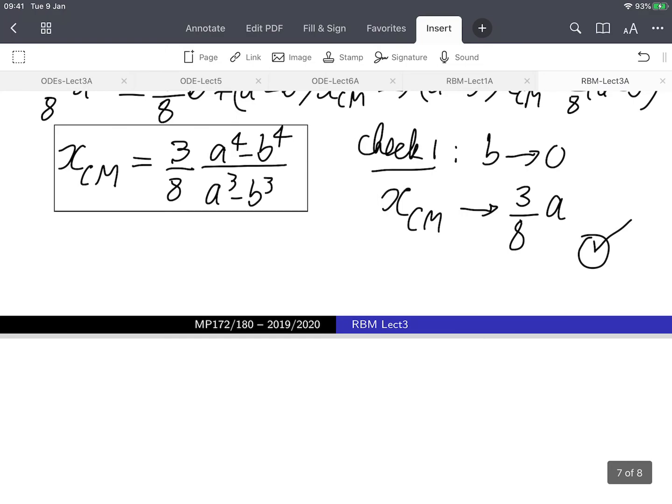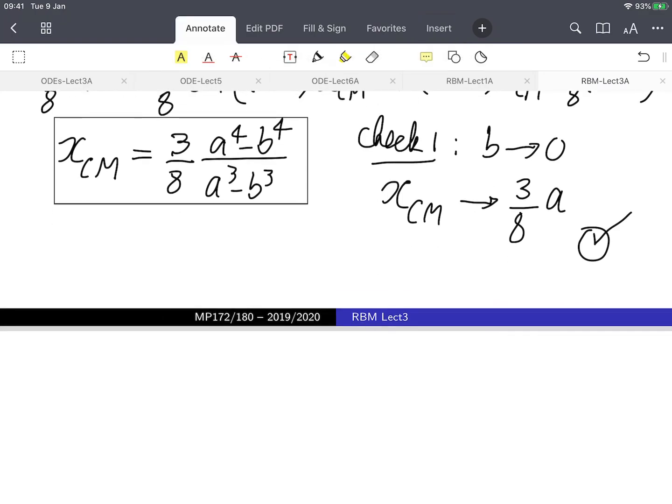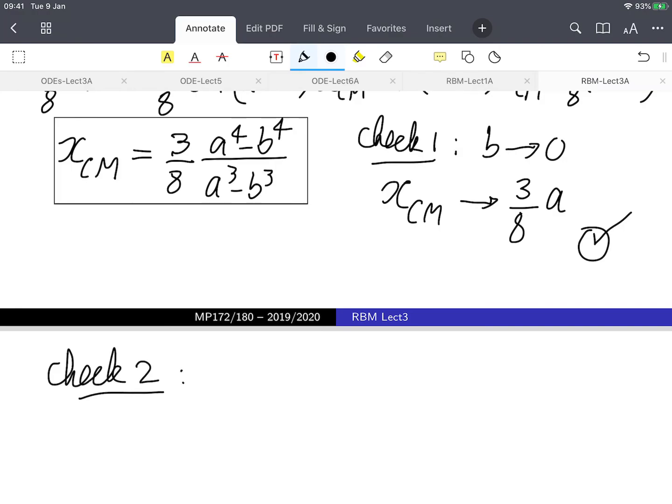What about checking when A goes to 0? No, sorry, when A goes to 0, then there's nothing left. What happens if B goes to A? If the hole grows to be the same dimension as the outer limit, then we're going to be left with just a shell, a hemispherical shell.